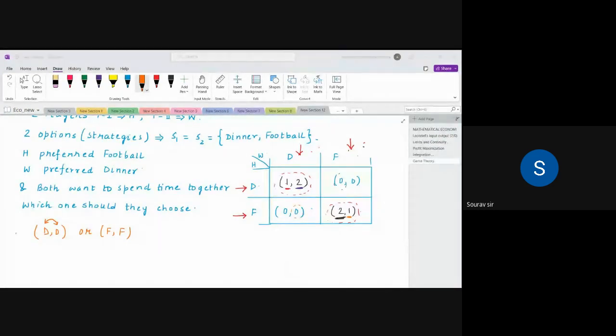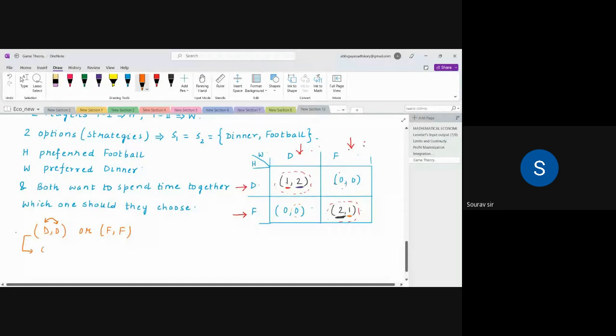All right. So that means these are the optimal strategy profiles of the two players.